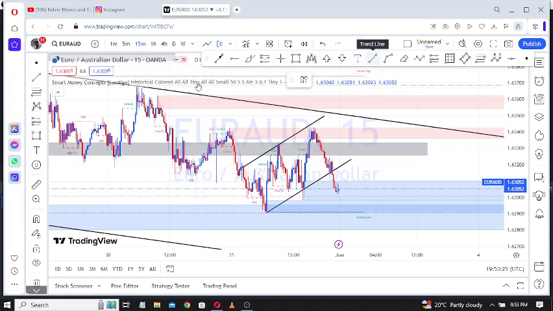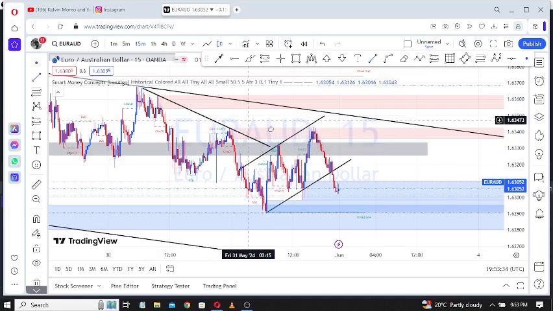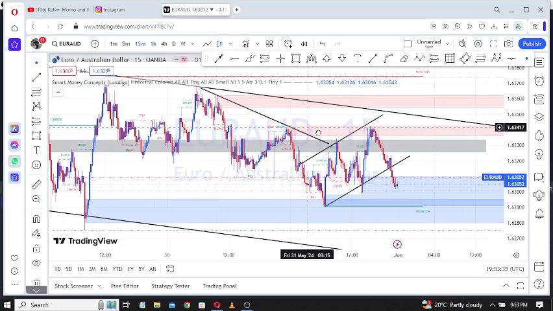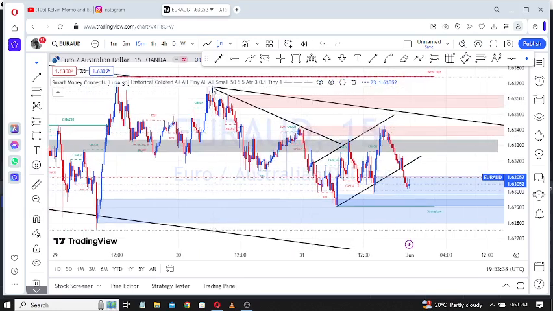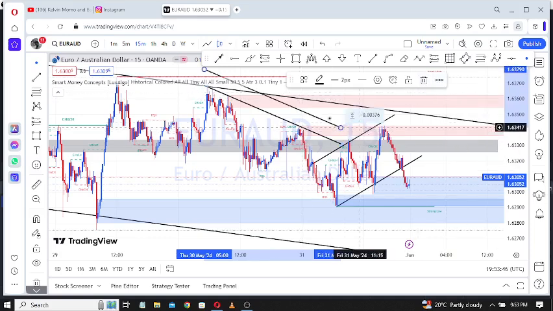Let me just draw this so that I can show you what I mean by a lot happens at the lows. Let me draw this bearish trend to the downside so that I can show you that we should start paying close attention to what is happening at the lows, right?